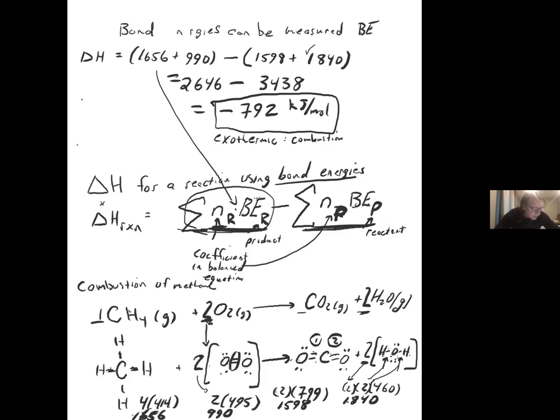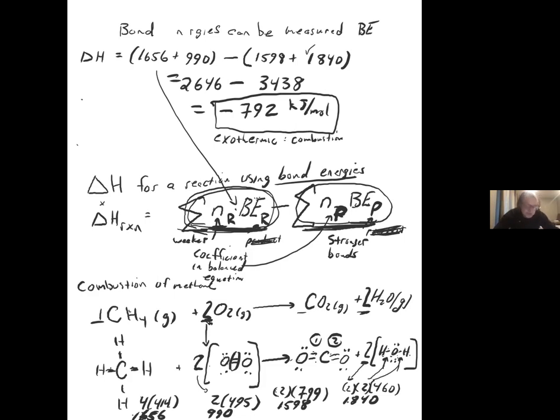So if you get a number that's negative, that means the products have a larger number, right? If you get negative, that means the first number is smaller and the second number is larger, greater. So that means that these are stronger bonds and that these ones are weaker bonds, right? That's how it would work.